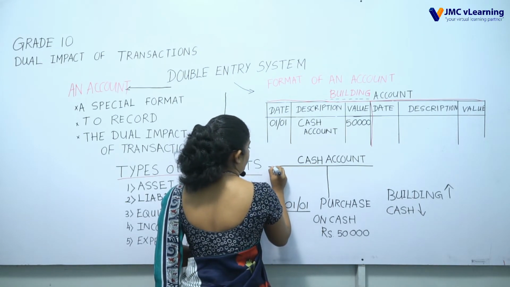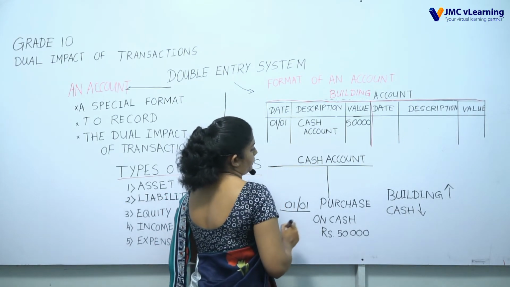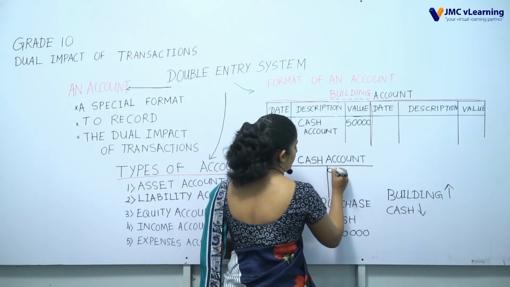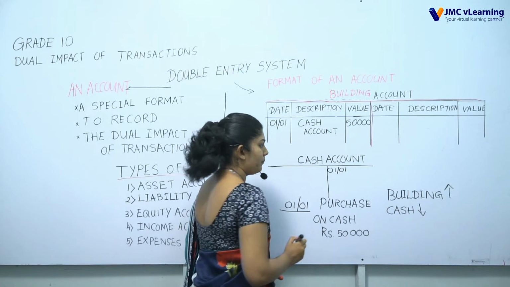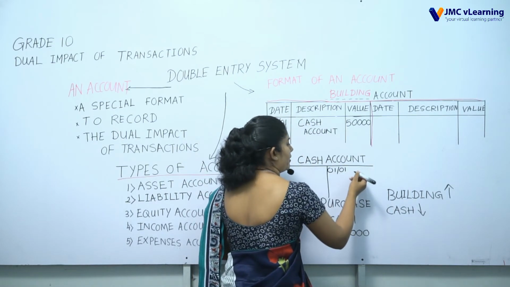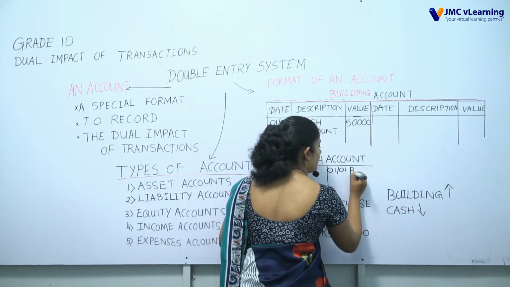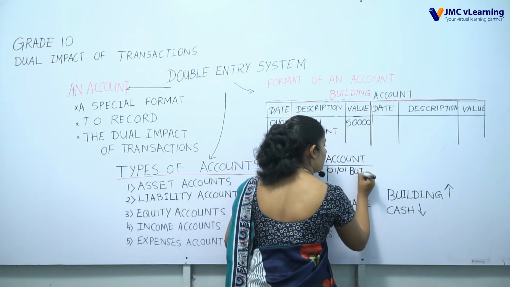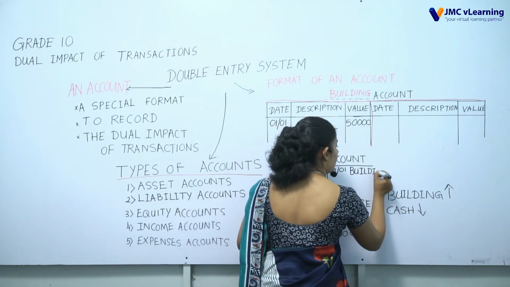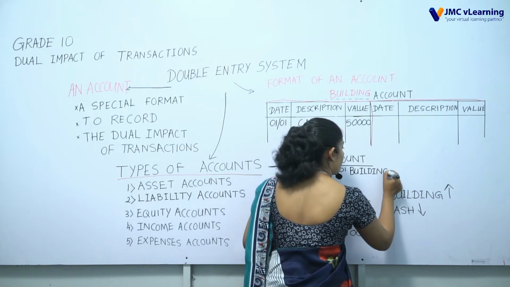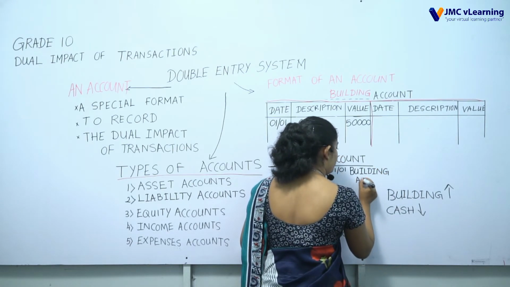And we record it as date 1st of January. Why we spent this? To purchase the building. You can find the other entry in the building account. Therefore, I'm writing building account here.